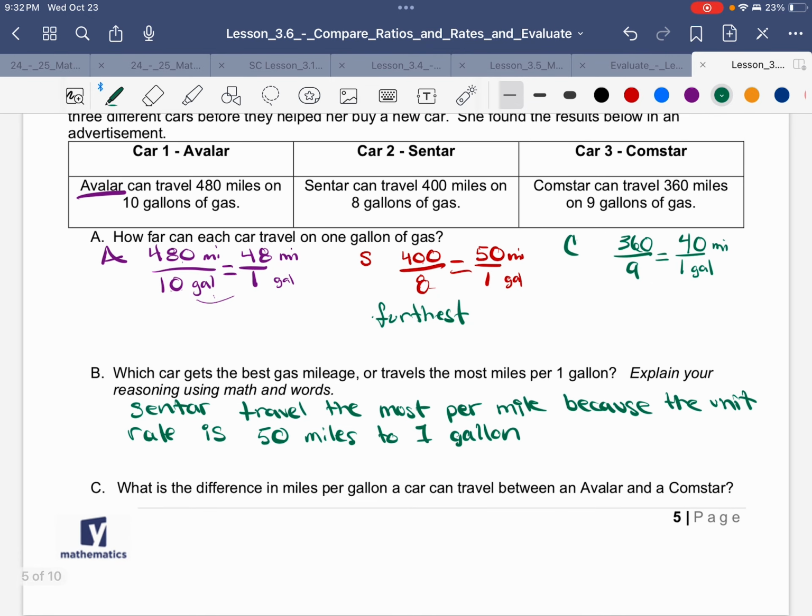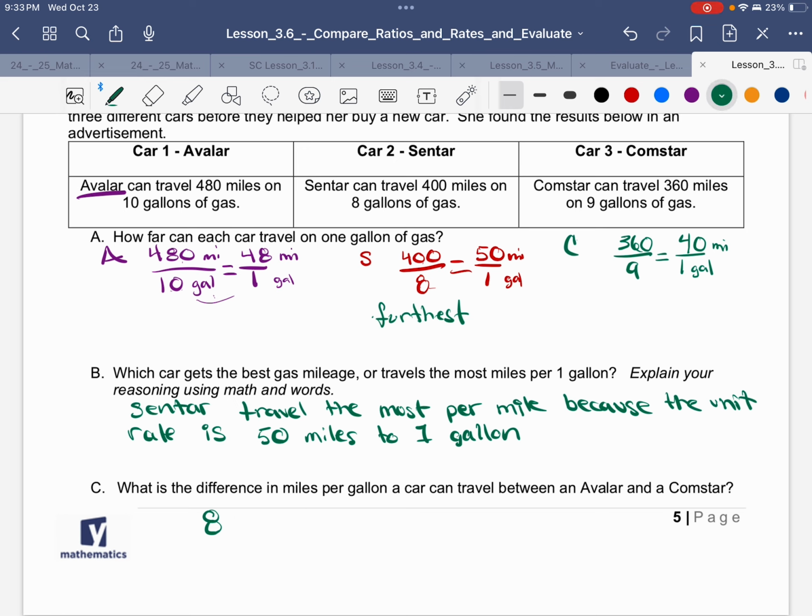What is the difference in miles per gallon a car can travel between an Avalar and a Comstar? So Avalar was 48 and Comstar was 40. So 48 minus 40 is 8. 8 is the difference. So let's use the correct units when we're talking.